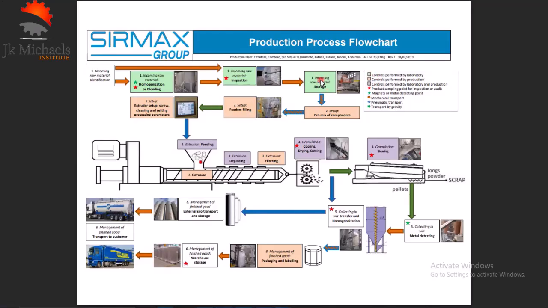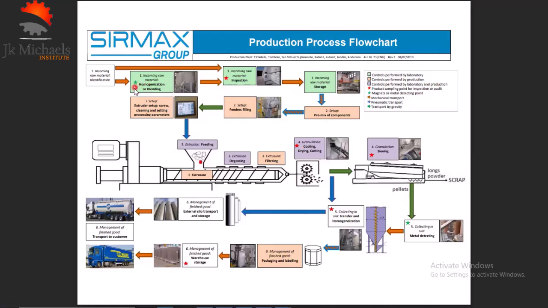You can see the green boxes are controls performed by laboratory. Orange boxes are controls performed by production. And then purple boxes are controls performed by both the laboratory and the production.